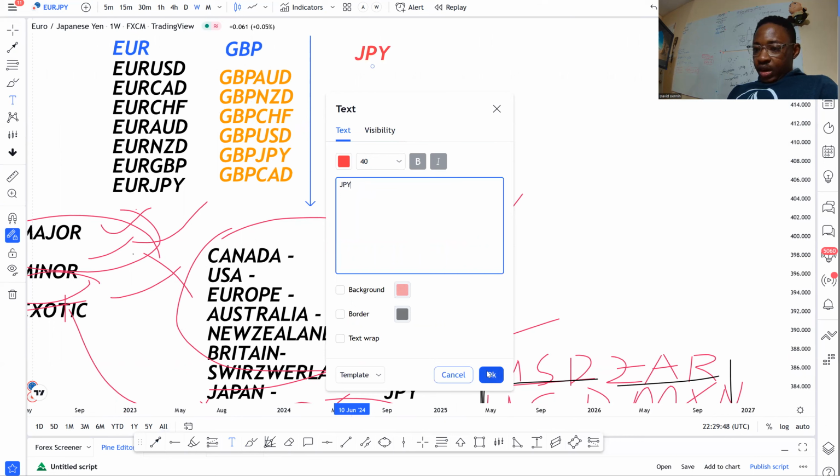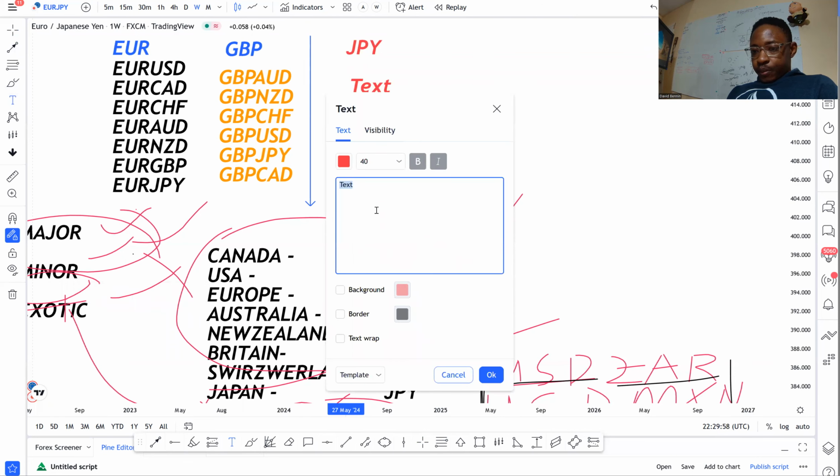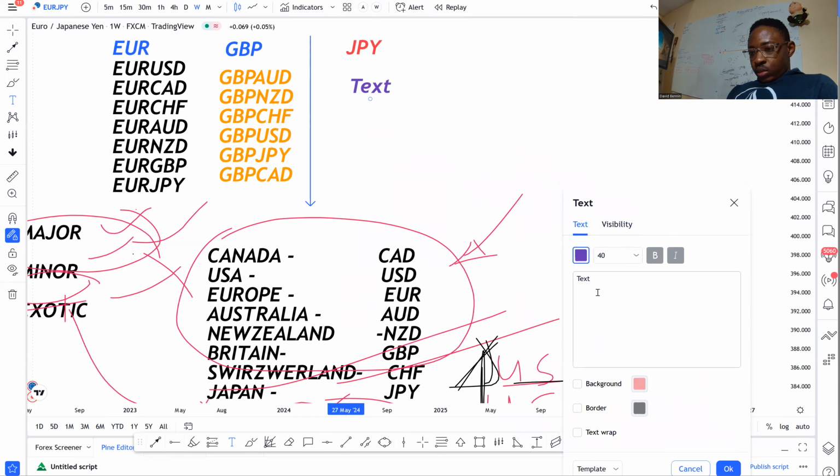So if you pair any currency to the Japanese yen, it will be the second currency. So we have AUD, Japanese yen. So you pair all the currencies against the Japanese yen. NZD, Japanese yen.